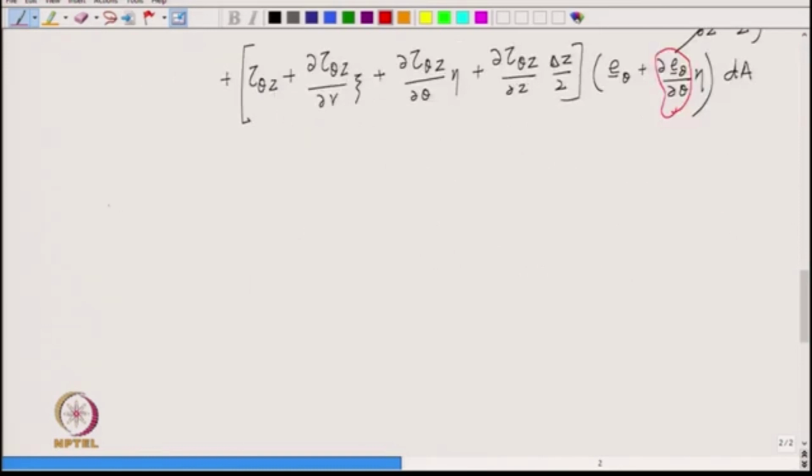So, we again draw our z equal to 0 plane, and here is the origin, and we have 2 points A and B, and at each of the points E r is pointing in a different direction.